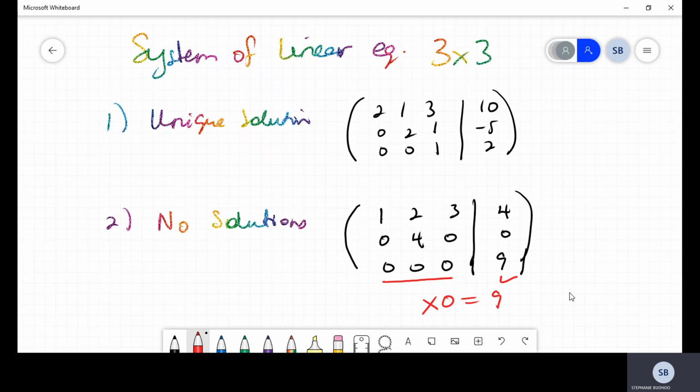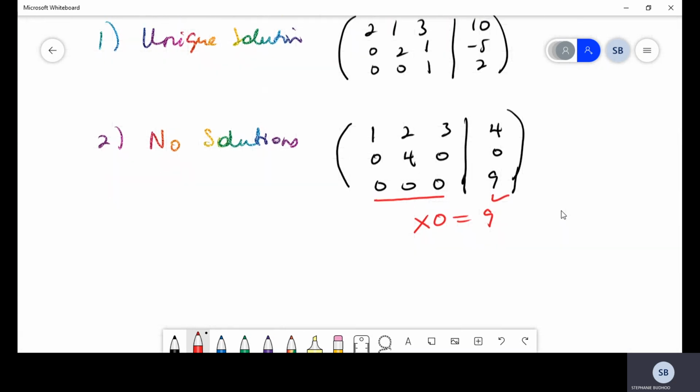And then finally, the last case scenario where you are going to get infinite solutions, right? Infinite solutions will look like this.